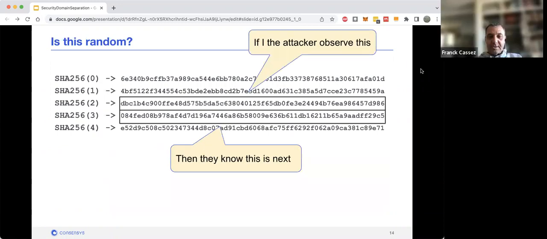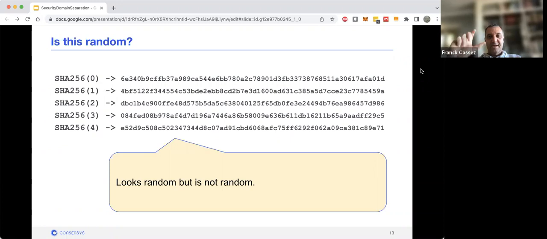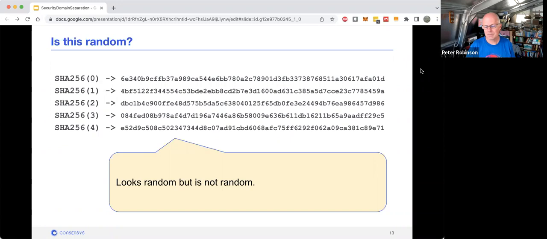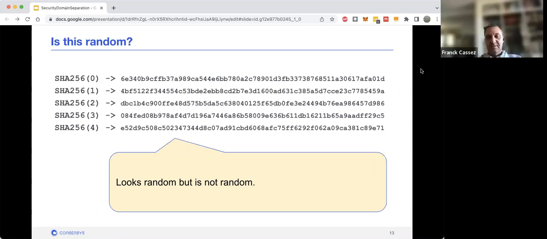So Peter, I have a question. If you were to rotate it or shift it by a few bits, it would still not be random because the algorithm could unshift it and decode it again, right? Exactly.